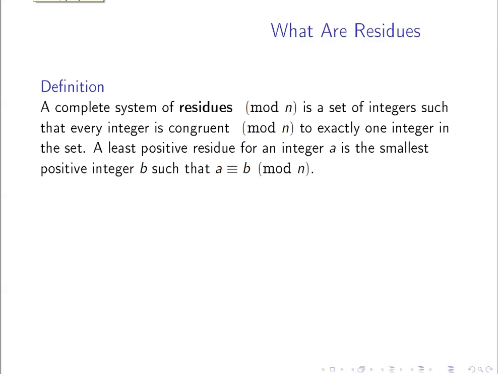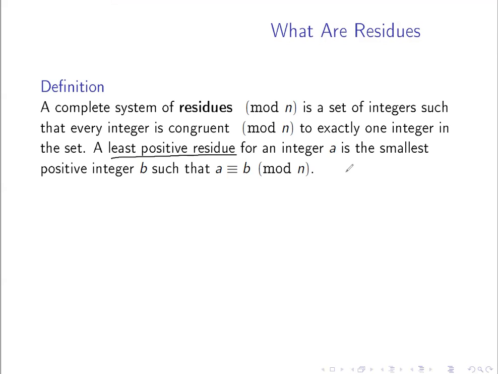So it has to have exactly one, and a least positive residue for an integer A is the smallest positive integer B such that A is congruent to B mod n. Now, what this means is all of the integers I'm looking for in my least positive residue, I'm going to underline that because that's important.